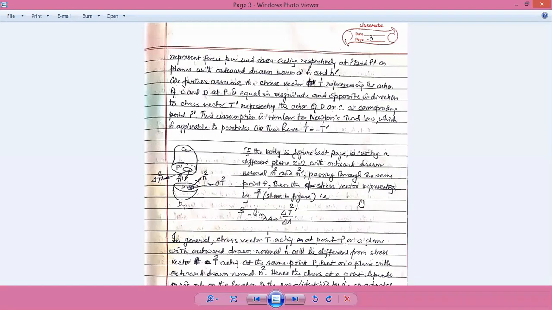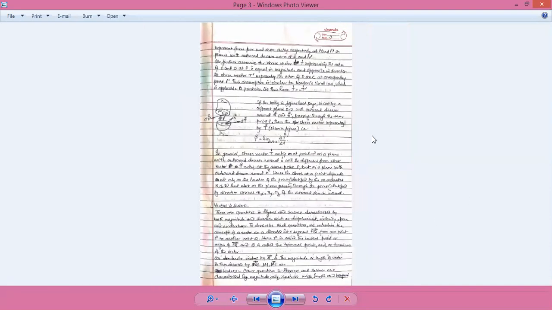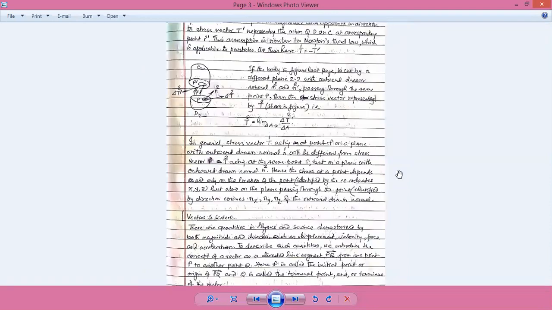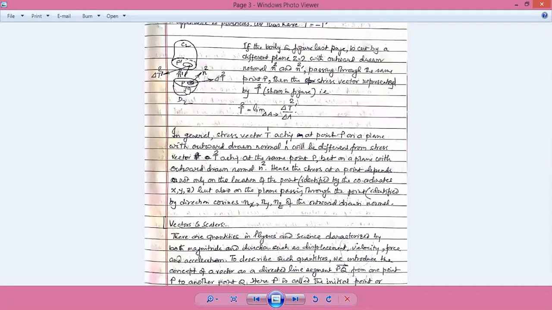Next, if we take the body under consideration, again it is cut by different planes. We cut it initially by plane 1, and now we are making it plane 2.